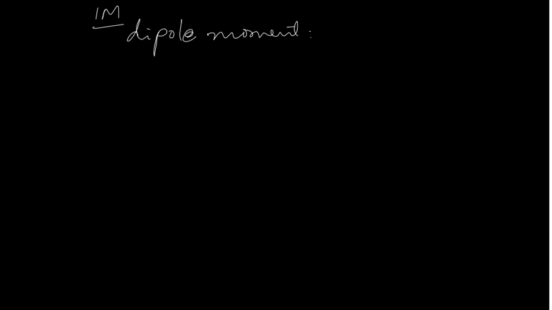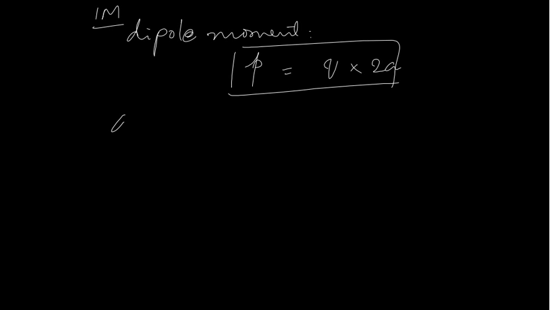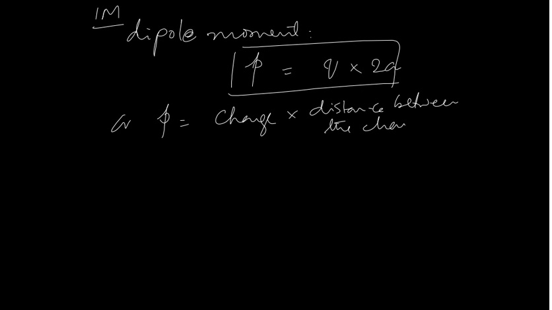The dipole moment is represented by the letter P, equal to the charge multiplied by 2a. You can remember it like this: dipole moment P is equal to charge multiplied by the distance between the charges. This is called a dipole moment.